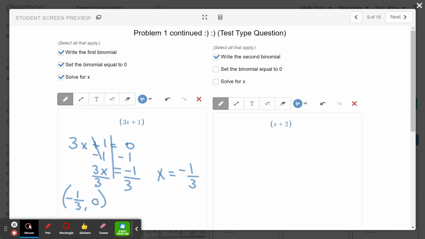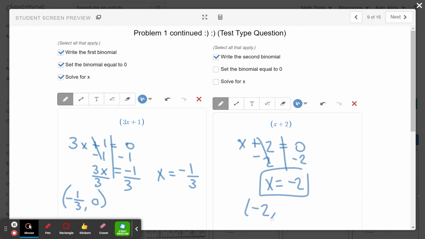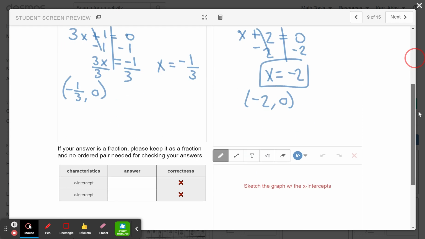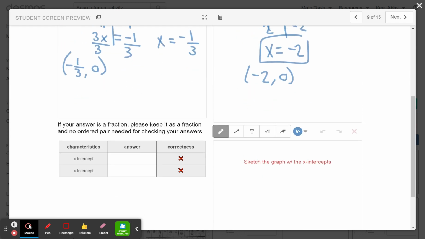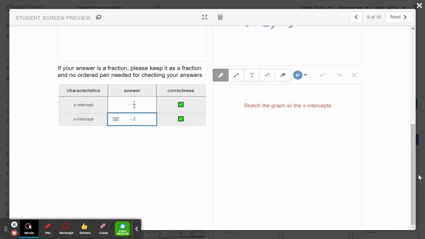Now the next x-intercept does not have a coefficient in front of x, so this is just going to be a 1-step. So we're going to minus 2 on both sides. So it could be just the x, or you could write it as an ordered pair. For this, all I'm asking you to do is write it as a number.